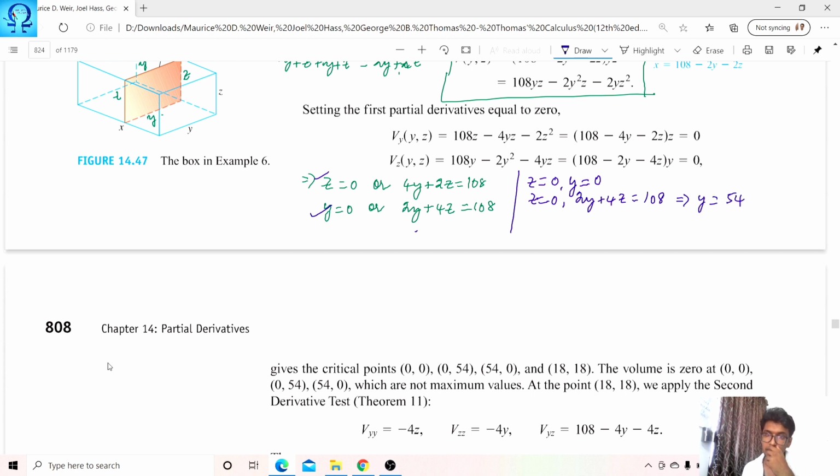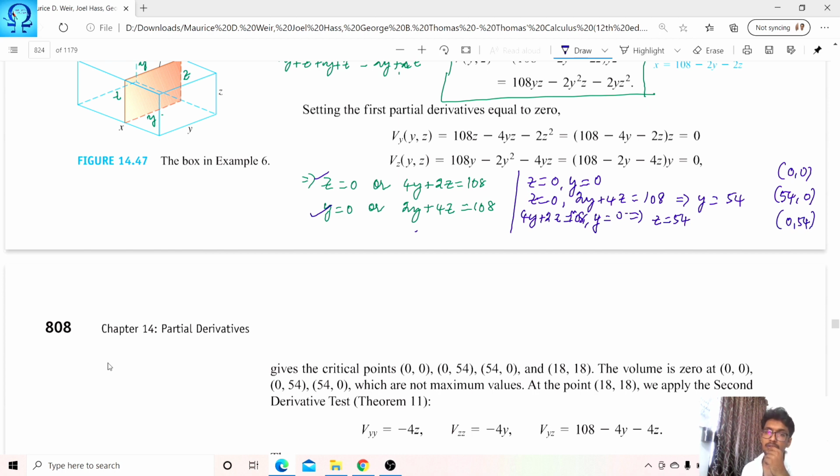Similarly, if you take 4y plus 2z is equal to 108 and y is equal to 0 from the second, and if you give y is equal to 0 into it, this gives you z is equal to 54. So from the first one we get 0 comma 0, from the second one we get 0 comma 54, because y comma z is the thing that we are talking about, and 54 comma 0.